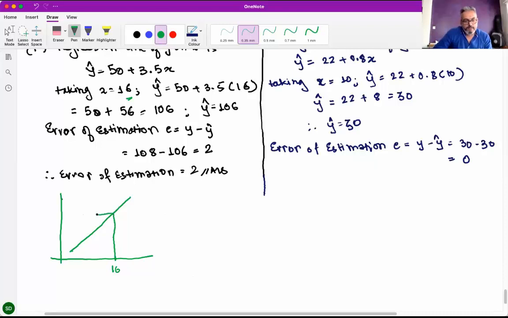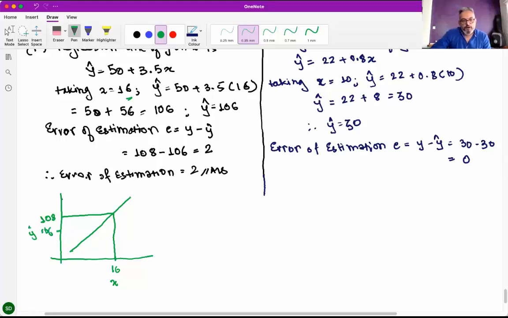When we use this equation to estimate, we got y cap as 106, a number somewhere over here.